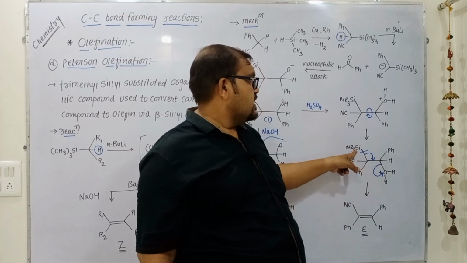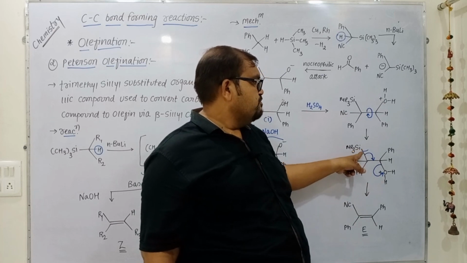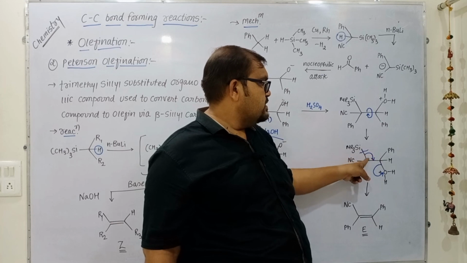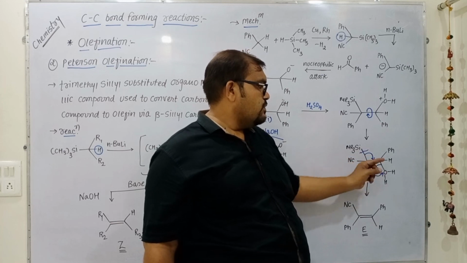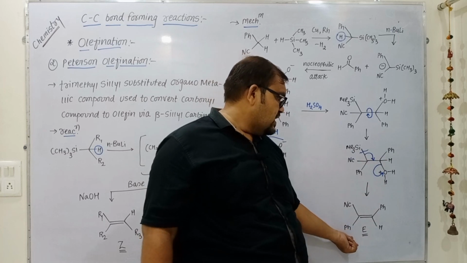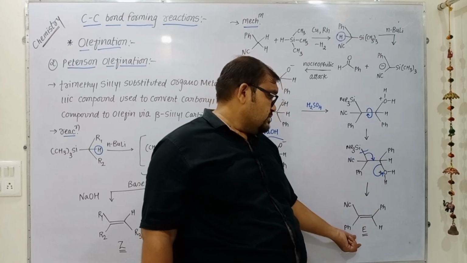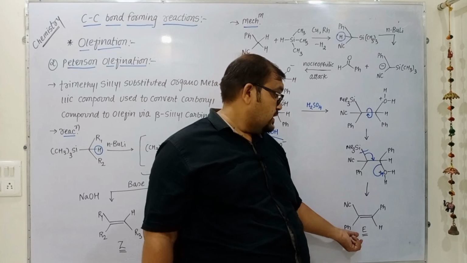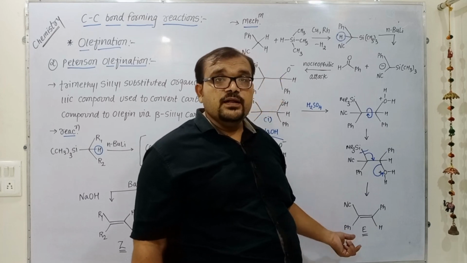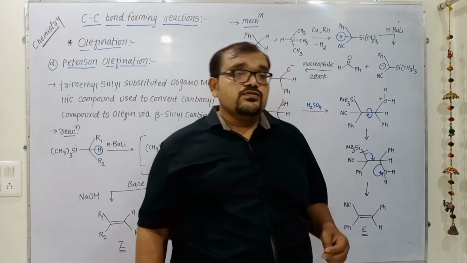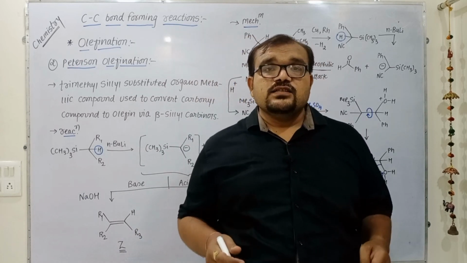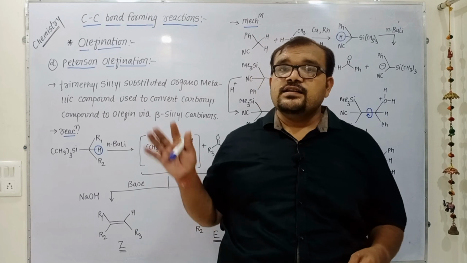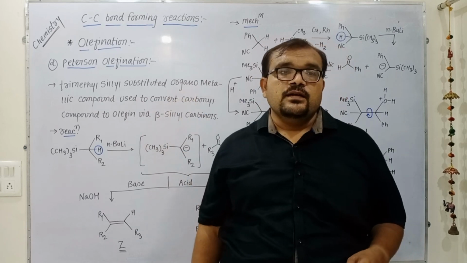Now this trimethylsilyl will be lost, this bonding pair will shift between these two carbons, and this bonding pair will satisfy the charge of oxygen, and we will finally get E alkene, or the E form of olefin, as a product. So in this way we can easily define the next olefination reaction, that is Peterson olefination.